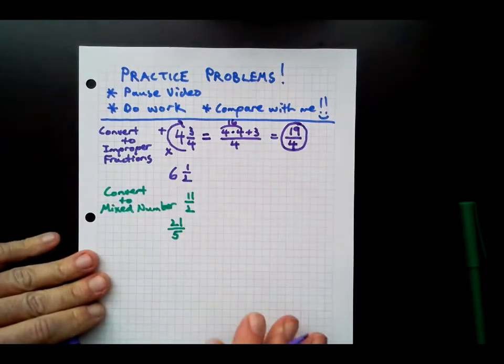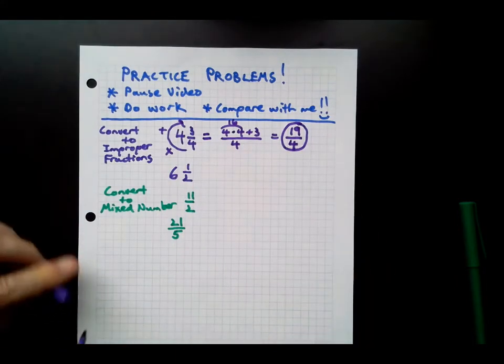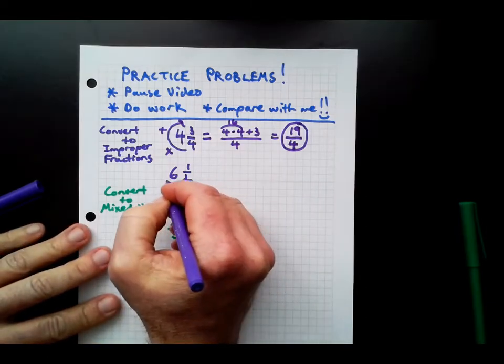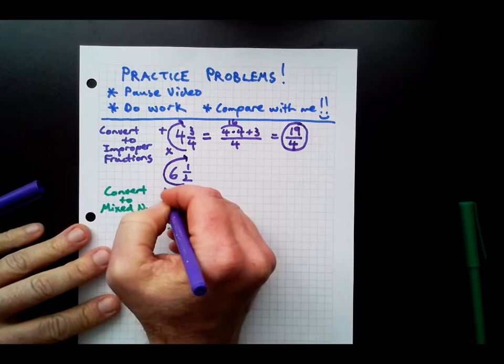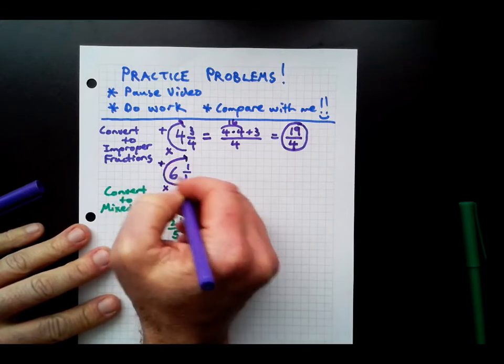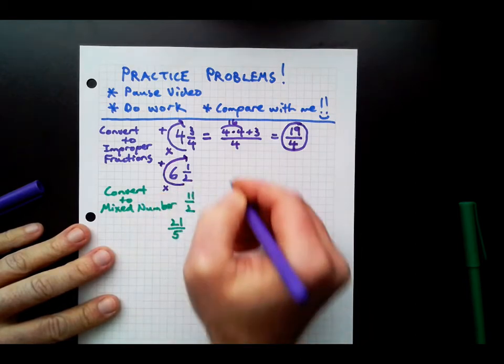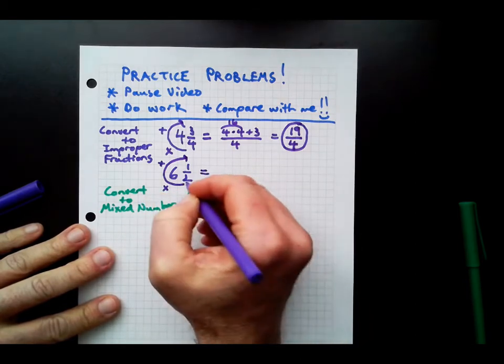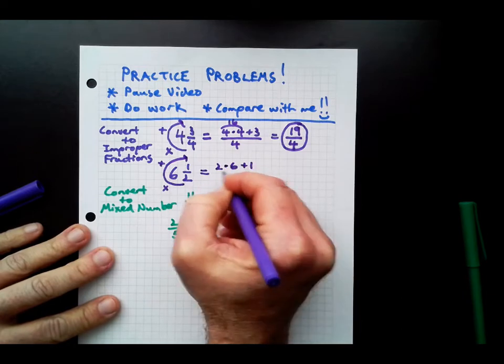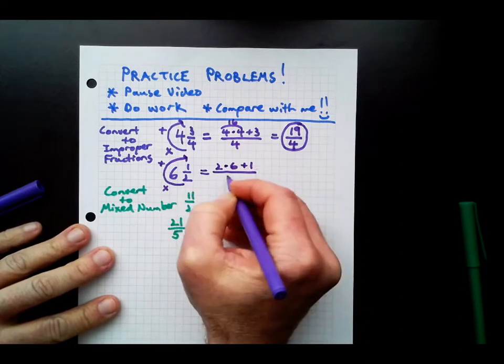Okay, the important thing to know, we're converting, we're not changing anything. Let's go through the same process right here, starting with the denominator. Multiply by the whole number, add the numerator, and then keep that denominator the same. So it's equal to 2 times 6 plus 1, and we keep that all over 2.